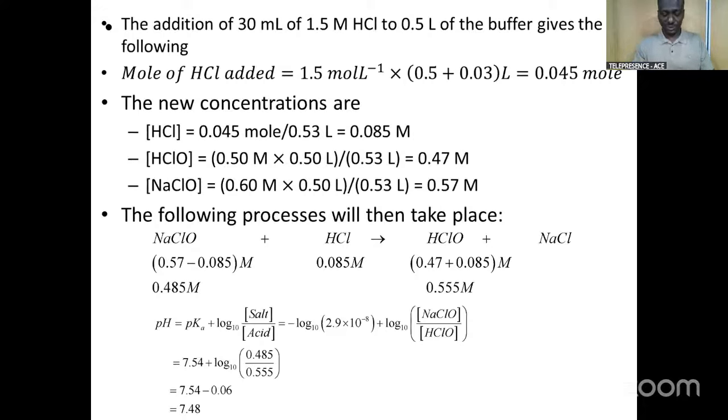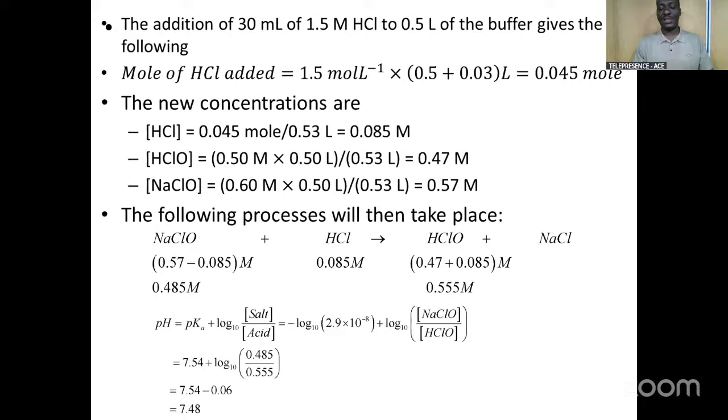Sorry for the little break in transmission. We are looking at the effect of adding a small amount of acid or a base to a buffer solution.